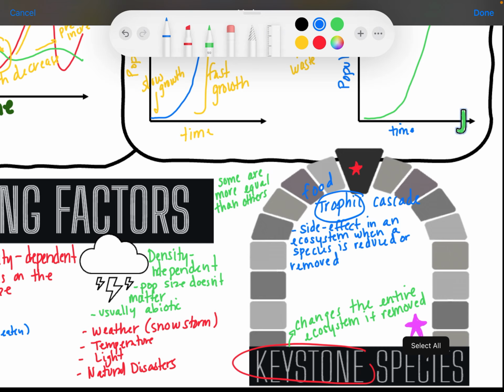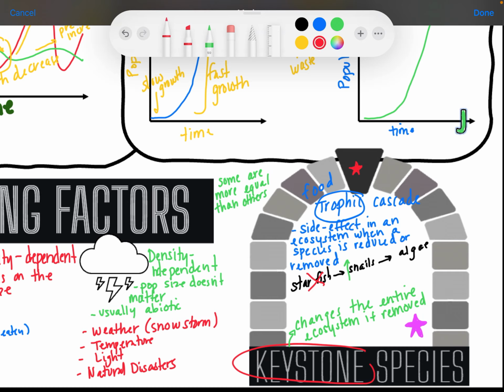So for example, let me put a little example right here. And if you don't have room inside your keystone species arch, you can write it next to it. You're going to have more room than I do. Let's say I had the starfish, right? And the starfish ate the snails. They ate the algae. But if I wipe out my starfish, my snail population goes through the roof.